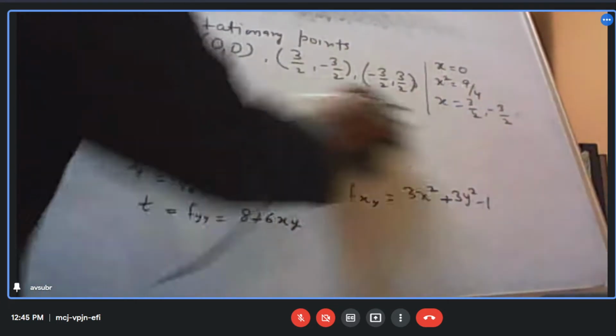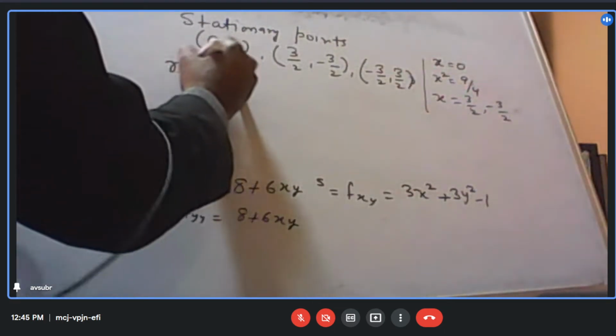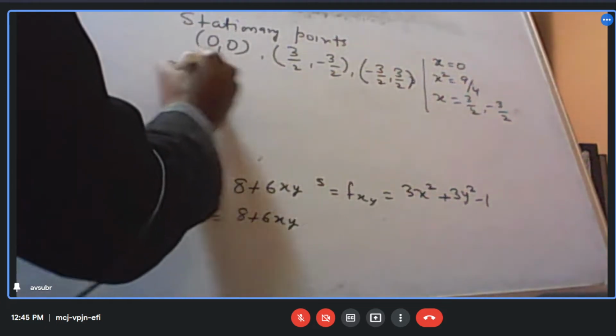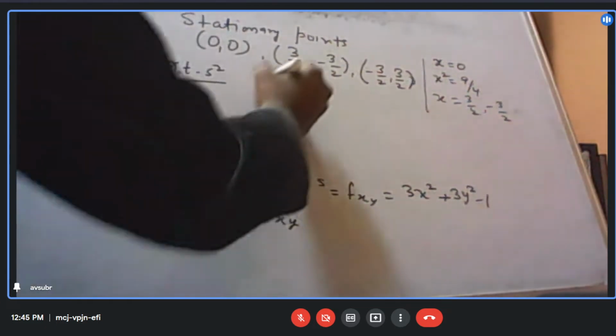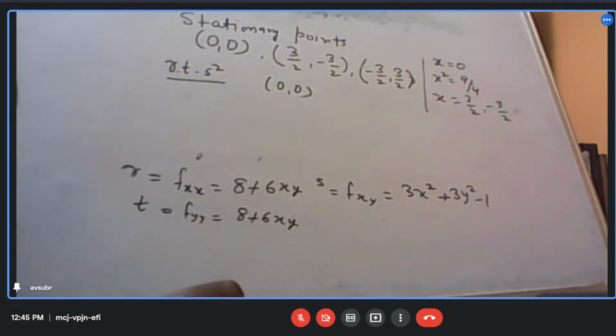Now rt minus s square, let us see at different points. First we will try at 0, 0.